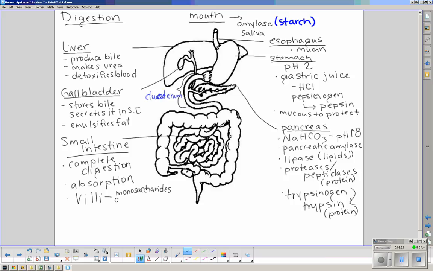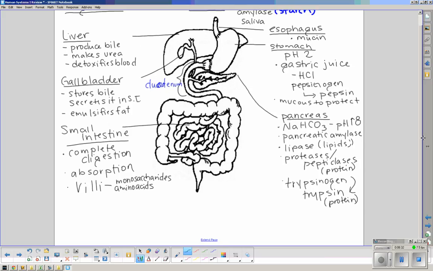And amino acids are the monomers of protein. The struggle is fats. Inside villi are something called lacteals. And lacteals are responsible for the absorption of fat with the help of the lymph system.